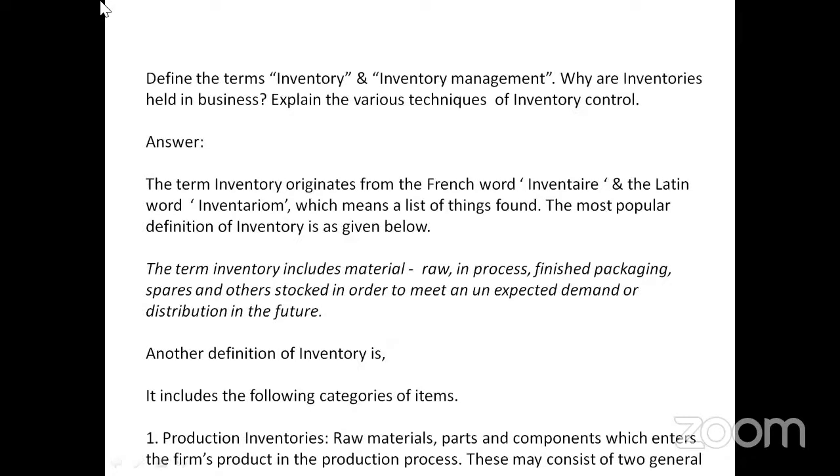To maintain that stock, you need manpower. There is also money involved. So to hold higher inventory, you are spending more. So both the way, less stock is a loss for you. More stock is also a loss for you. So there is a particular level at which you have to maintain the stock. That is why we say that inventory control, you have to control the inventory.